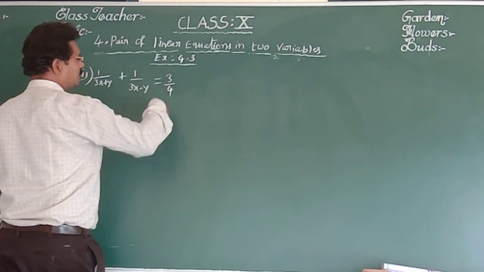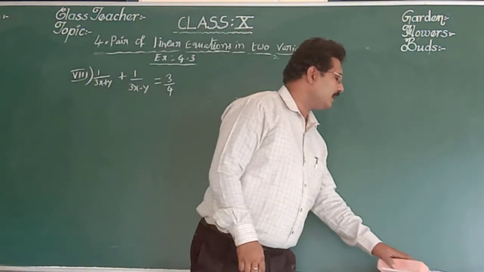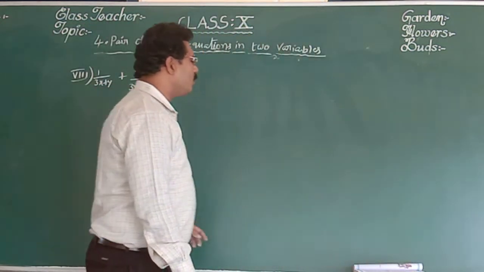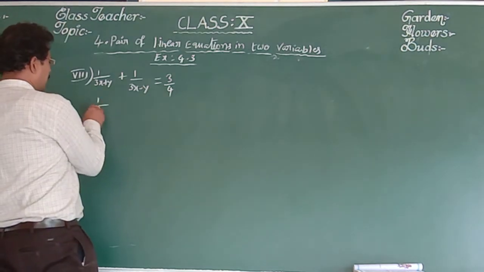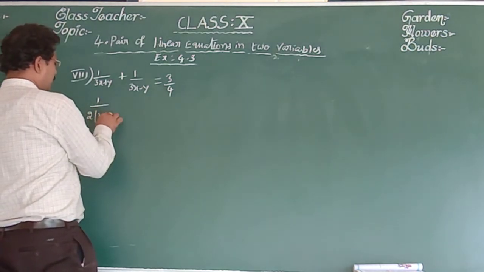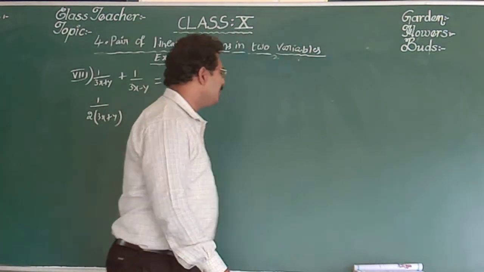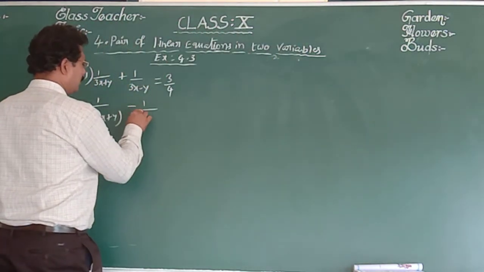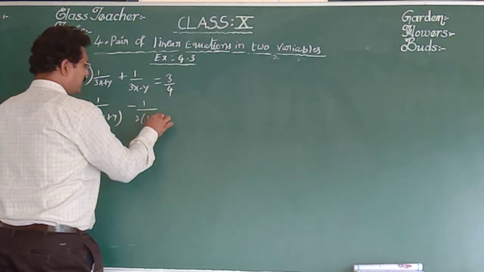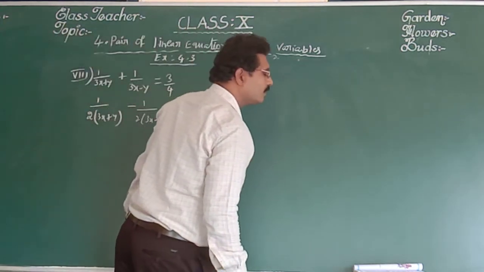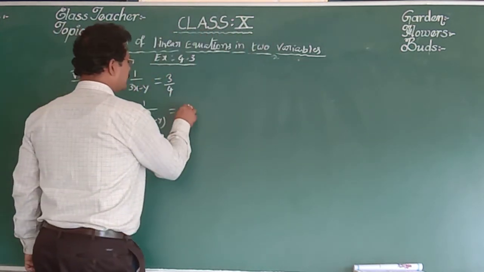Next, 1 by 2 of 3x plus y, minus 1 by 2 of 3x minus y, is equal to minus 1 by 8.